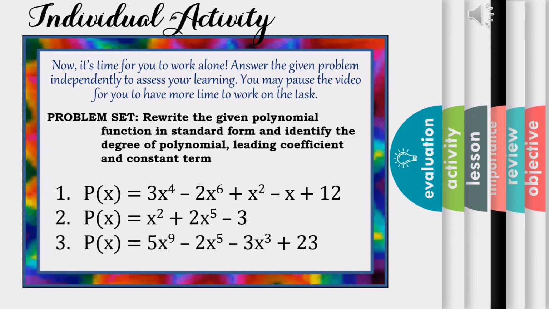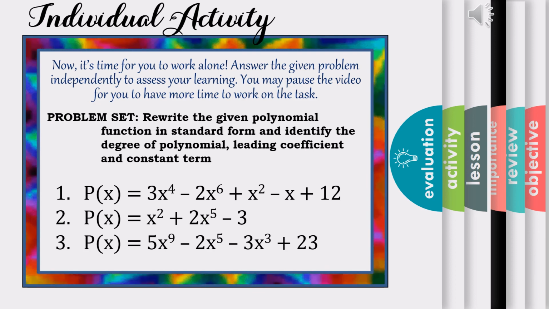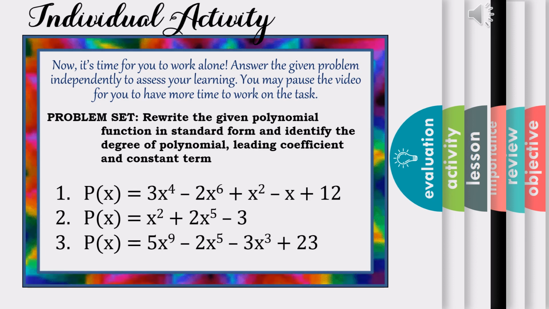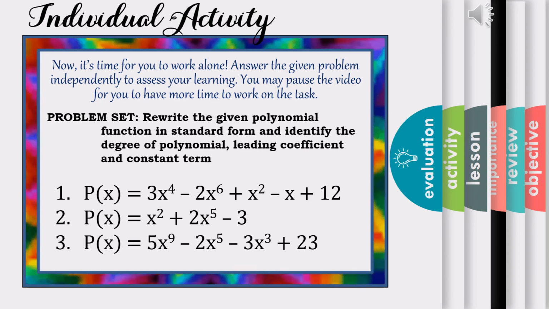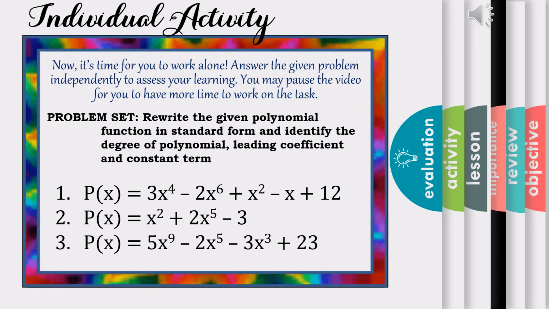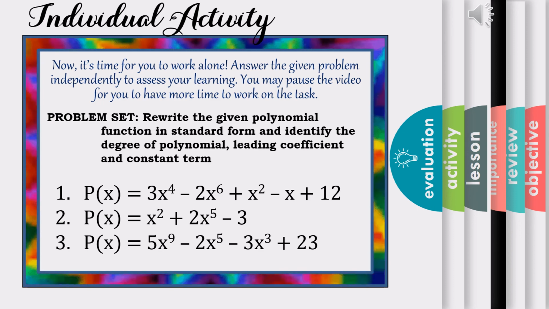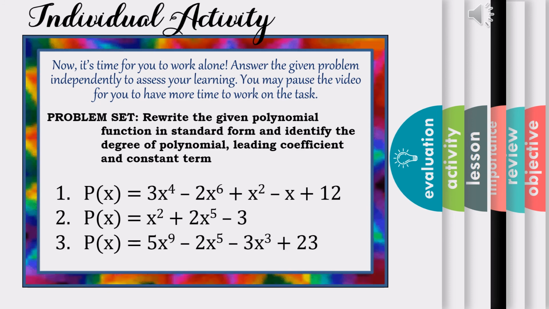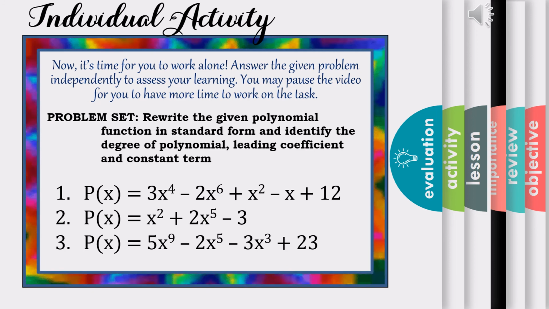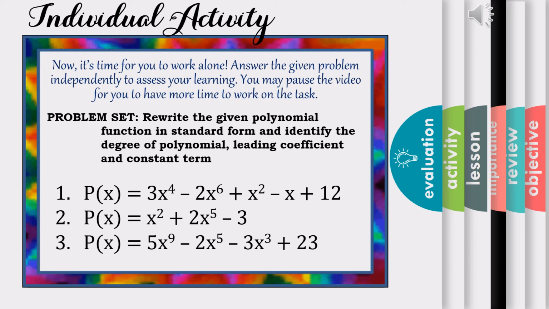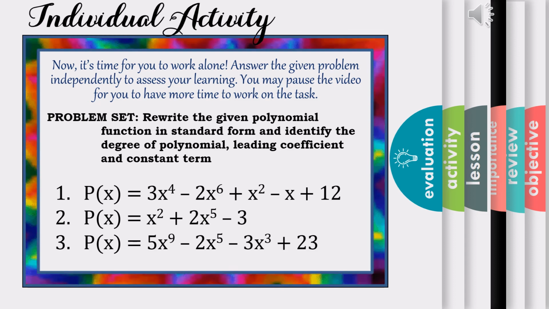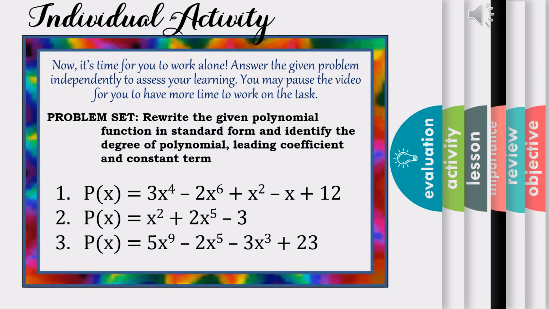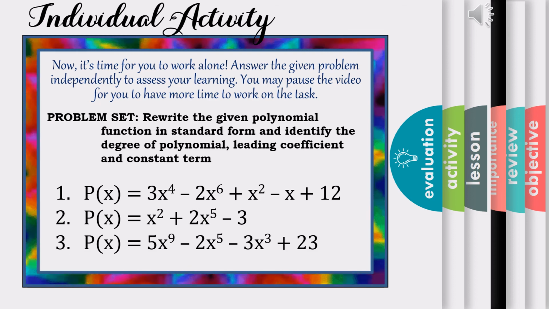Number 1. P of x equals 3 times x raised to 4 minus 2 times x raised to 6 plus x squared minus x plus 12. Number 2. P of x equals x squared plus 2 times x raised to 5 minus 3.